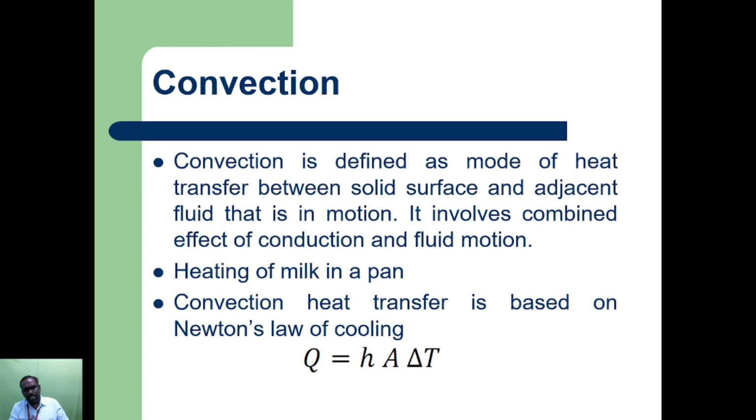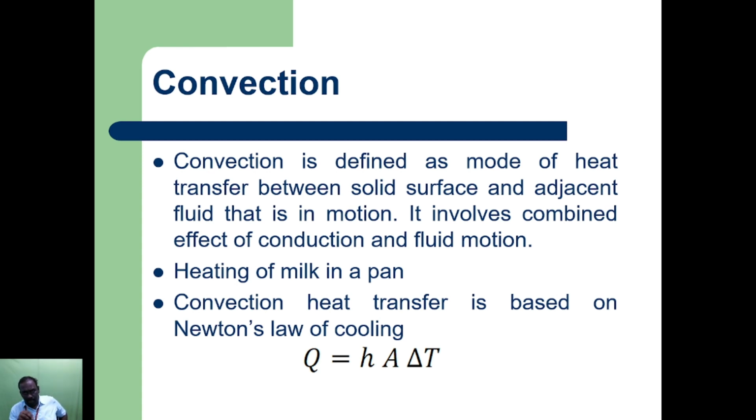Now we discuss convection heat transfer. What is it based on? It is based on the theory of the great inventor and scientist Newton. Newton's law of cooling: Q equal to H A delta T. Delta T is the temperature difference.